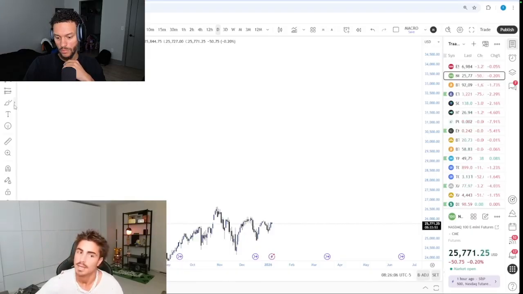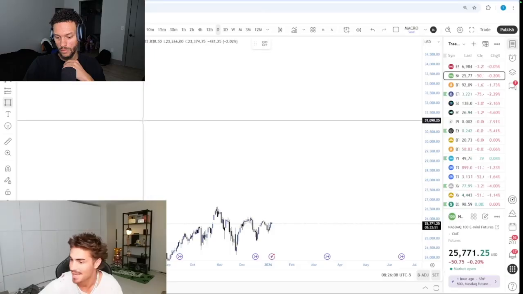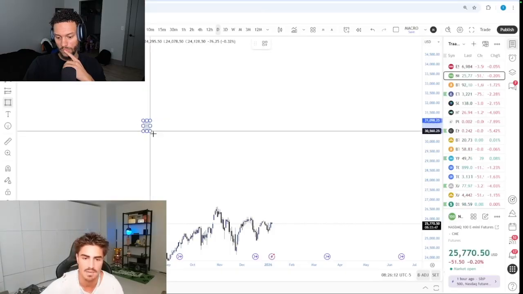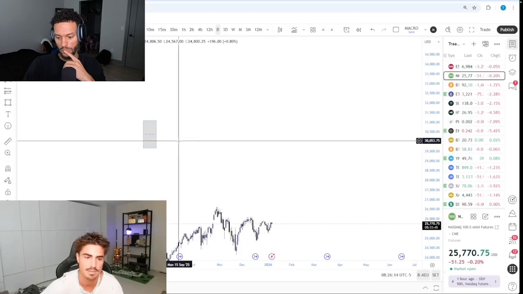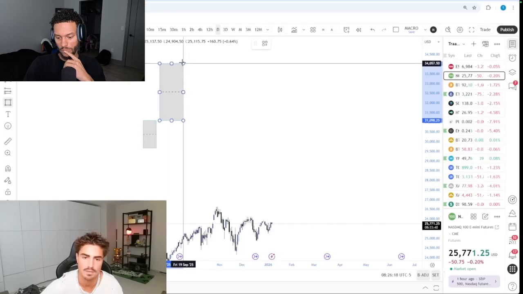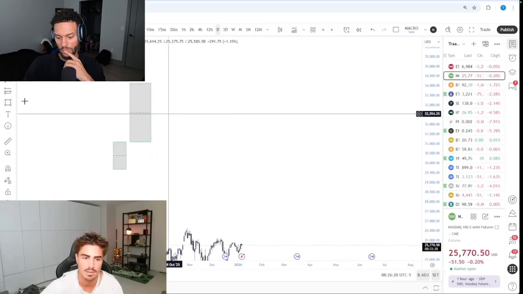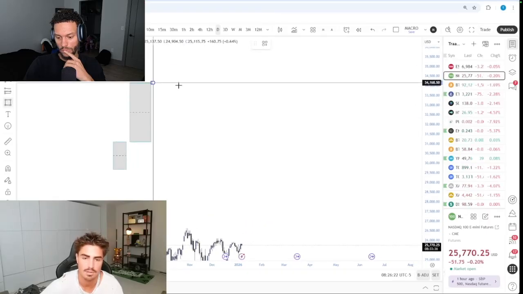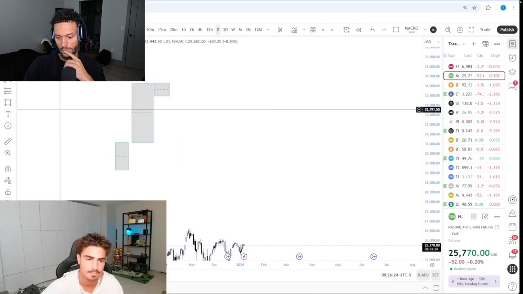However, fair value gaps are essentially a three candlestick pattern. It's a series of consecutive candlesticks, and this is pretty much how it's going to look. Then I'll show you guys examples of what it looks like on the chart. So we have one candle, two candle, and then we have our third candle, okay?